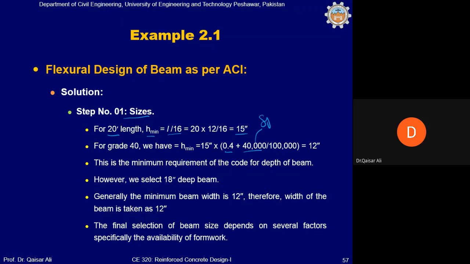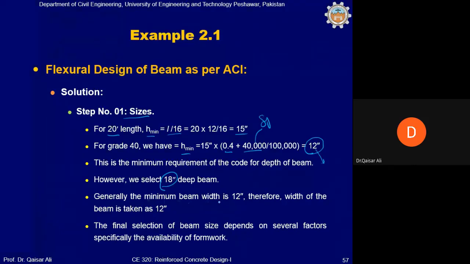So you can see finally the minimum depth required for grade 40 steel is 12 inches. This is the minimum depth, and as I told you, you can exceed this depth. You cannot provide less than this, but you can provide greater depths than this value. Clear? So finally we will select an 18-inch depth, a 12 by 18-inch beam. Clear?